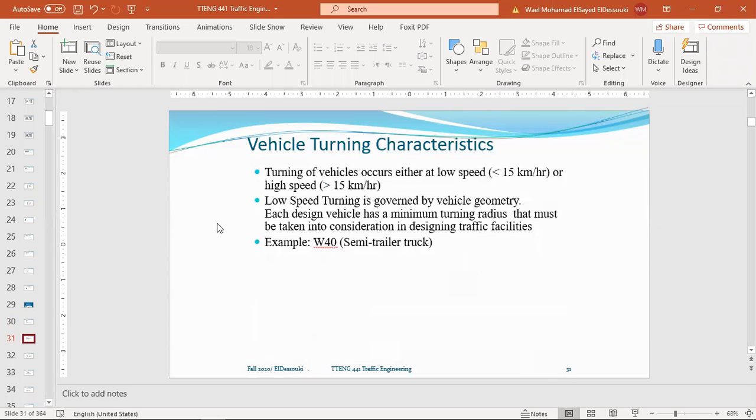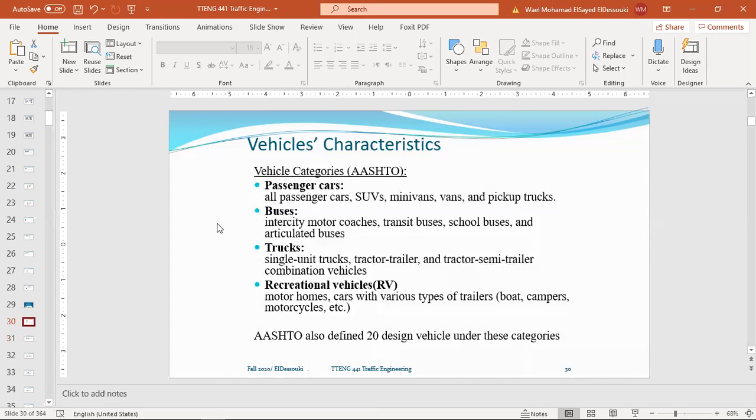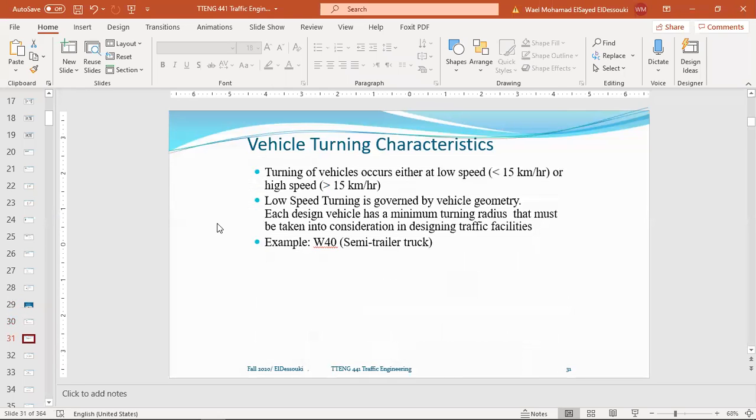Vehicle turning characteristics. Of course, for these categories, the turning characteristics are totally different. We have two types: slow turning and high speed turning. For high speed turning, we can apply the equations for designing horizontal curves.